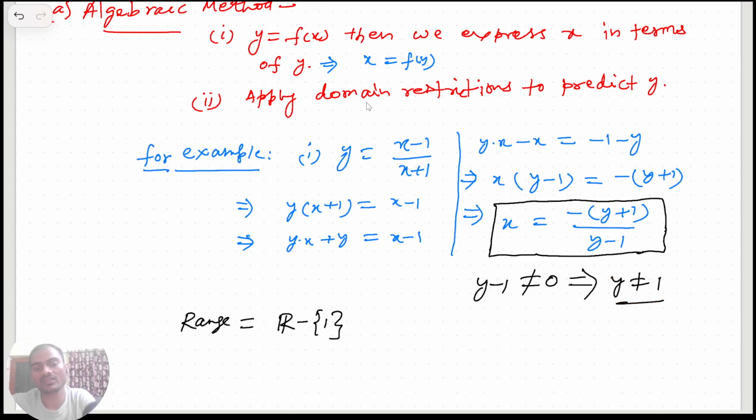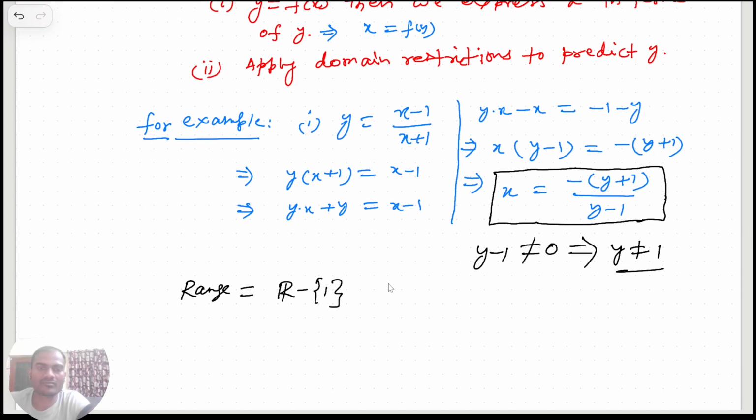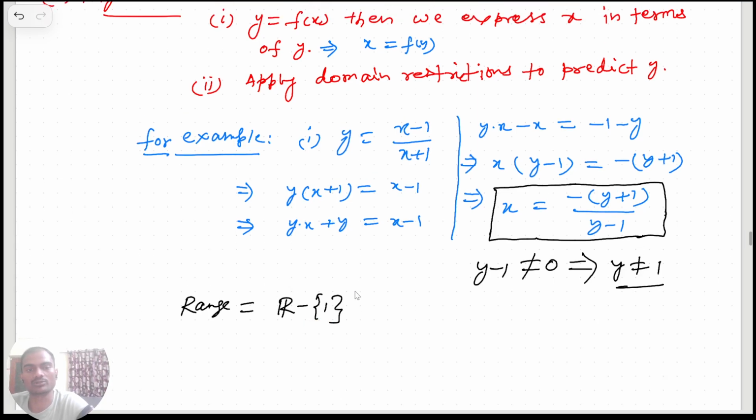But remember what y was? Y actually was output of the actual function that we had taken. So y cannot be 1. That means the range cannot be 1 for our original function. Output cannot be 1. So we can say that range of our original function is all real numbers minus the set 1, means except 1 we can get anything as output, right?